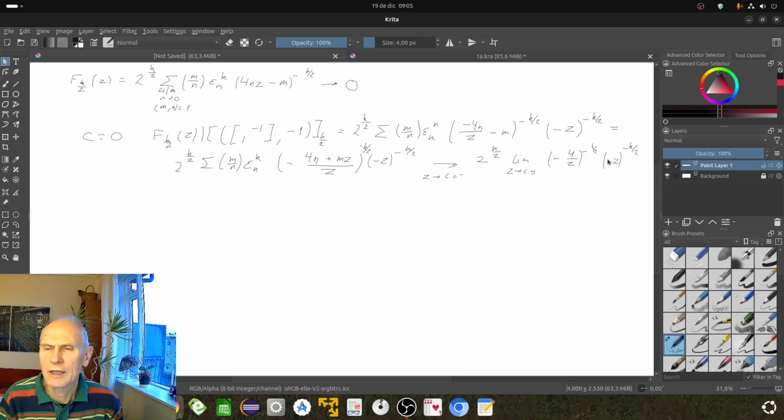Minus z is below the real axis, so the square root is in the first quadrant, so the reciprocal one is in the first quadrant, and this means that it has positive real part.